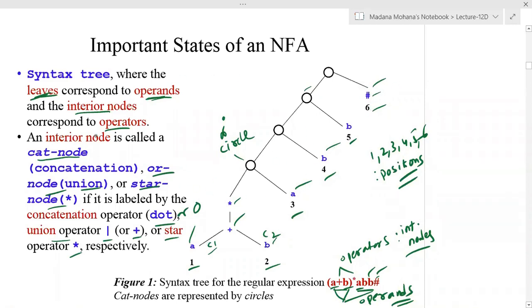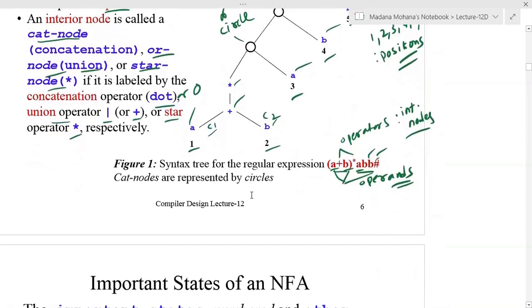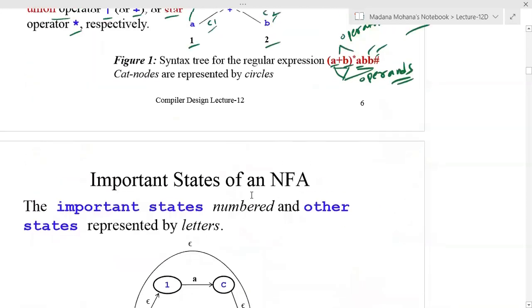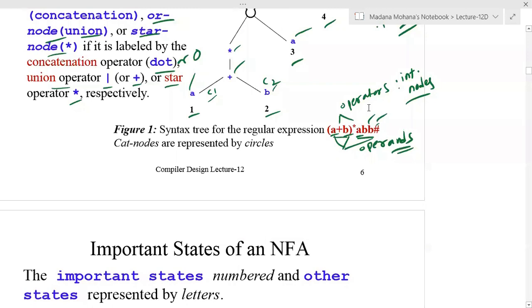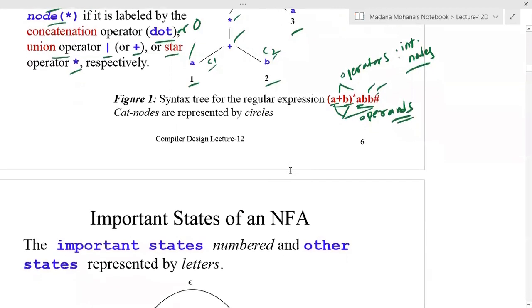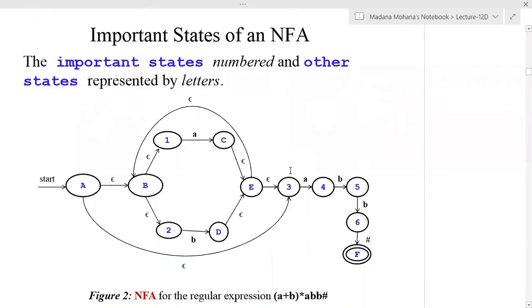Now this is the representation of the nodes in the syntax tree in various forms. Here we have the concatenation node, the OR node, and the star node, only these 3 combinations. Now for this regular expression (a plus b) whole closure a b b hash, the NFA with epsilon is shown here along with the designation of important states.